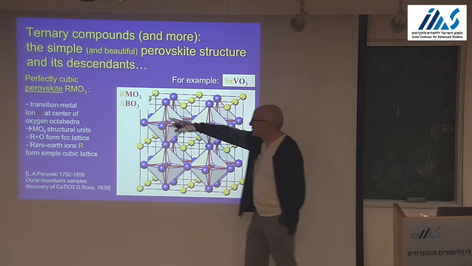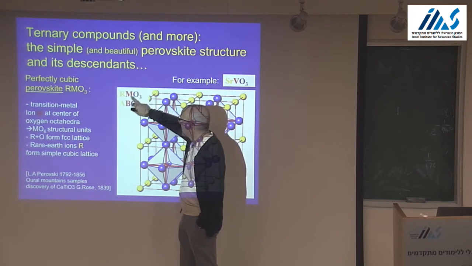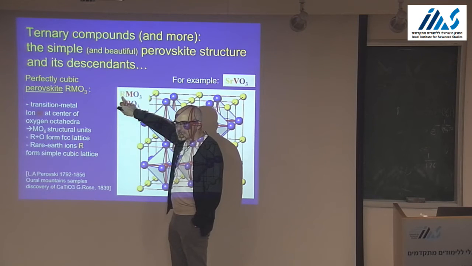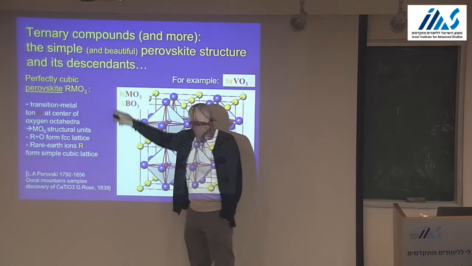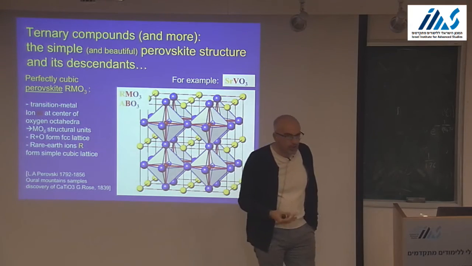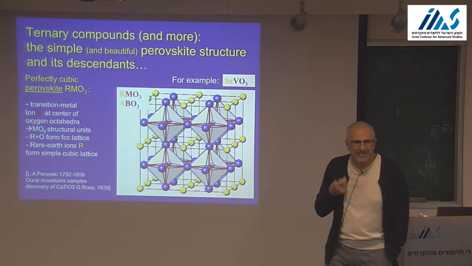Okay? Oxygen usually likes to take 2 electrons, so it's going to become 2 minus. But depending on the valence of this guy, for example, depending whether it's lanthanum, which will be typically 3 plus, or strontium, which will be typically 2 plus, you can change the nominal valence of the metallic ion.